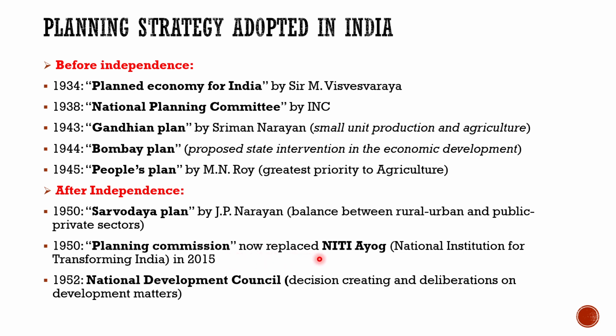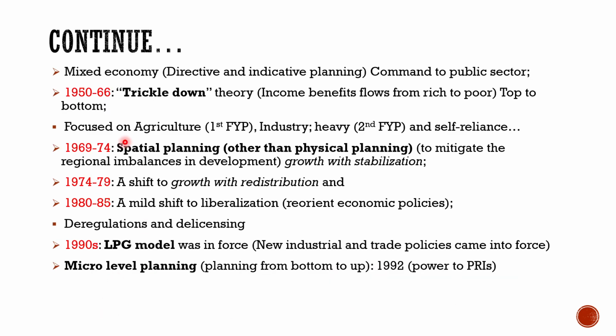It is replaced by Niti Aayog, National Institution for Transforming India, in 2015. And in 1952, National Development Council was formed, which is responsible for decision making and deliberations on development matters. As far as 5-year plans are concerned, in the first 3 5-year plans we focused on trickle down theory.